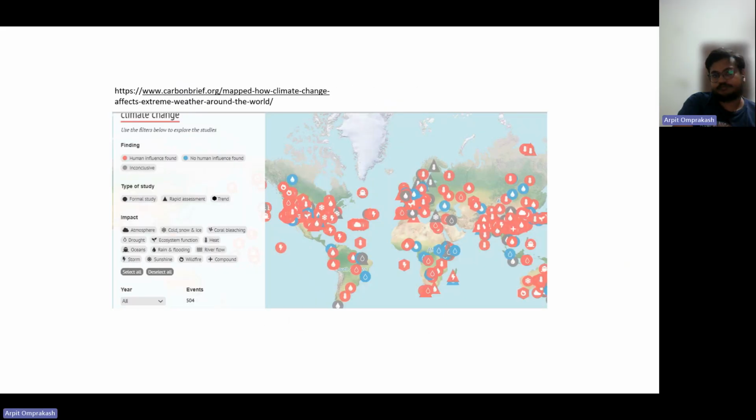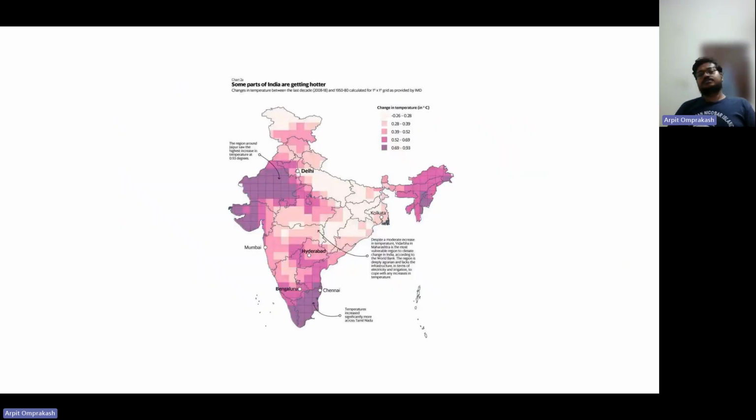And if we track this trend around our country, we see that some parts of India are getting hotter, especially parts such as Rajasthan, Gujarat, and the northeast or southern states, right? So these parts of India are getting hotter, and other parts are either maintaining the temperature or getting slightly cooler.